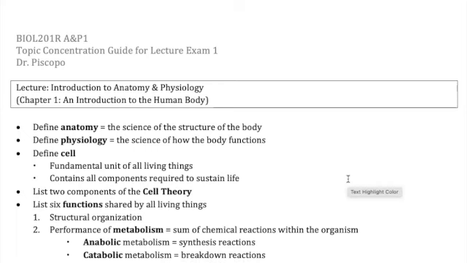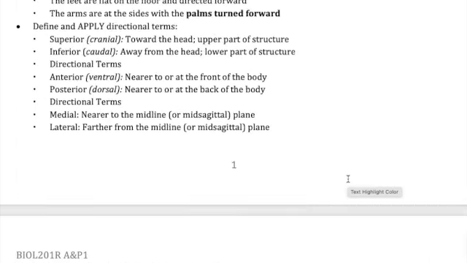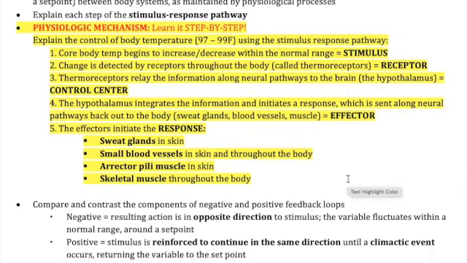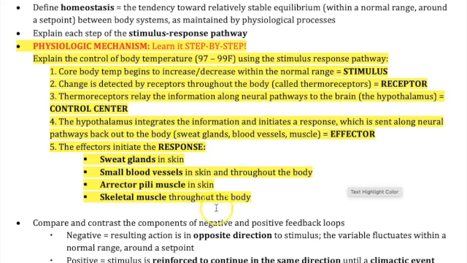Now, before I let you go, there's one more thing I want to point out to you in the topic concentration guide. Notice that occasionally you're going to see information that is highlighted in yellow and in red type. This particular part right here describes the stimulus response pathway that we discuss in the first lecture. This pathway is a step-by-step physiological mechanism.